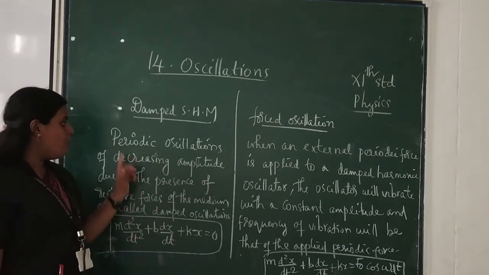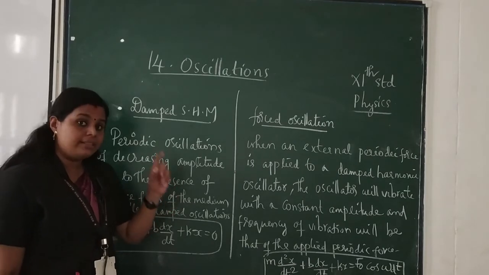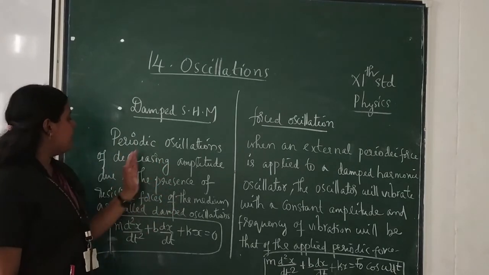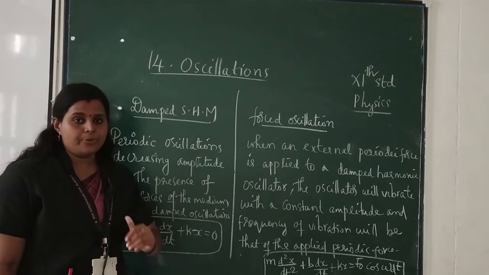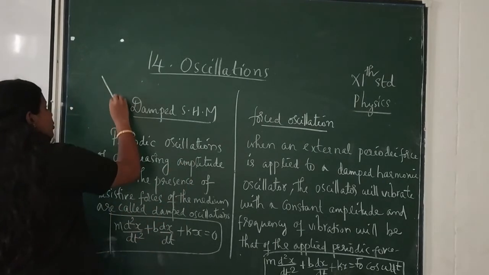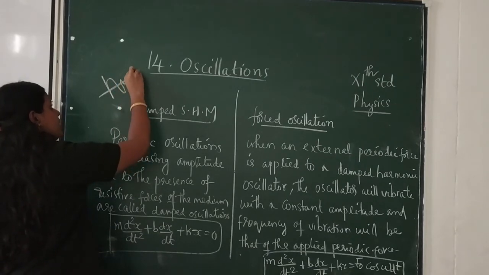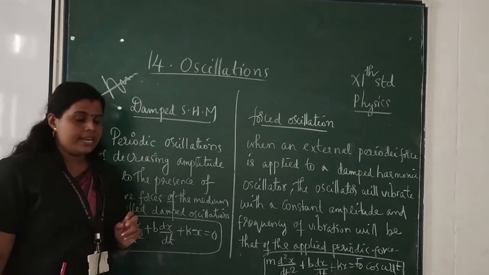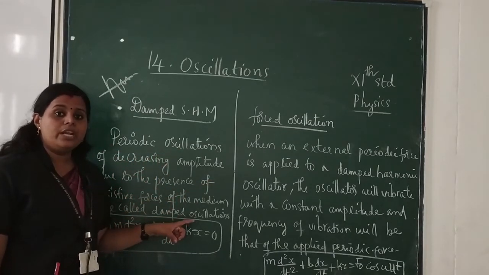Periodic oscillations of decreasing amplitude. അപ്പോൾ ഈ ഡാംപ്ഡ് സിമ്പിൾ ഹാർമോണിക് മോഷന്റെ പ്രത്യേകത എന്താണ്? ഈ ഓസിലേഷന്റെ ആംപ്ലിറ്റ്യൂഡ് ഡിക്രീസിങ് ആയിട്ടാണ് വരുന്നത്. ഡിസ്പ്ലേസ്മെന്റ് ടൈം ഗ്രാഫ് വരയ്ക്കുമ്പോൾ നമുക്ക് ഇങ്ങനെ ഒരു നേച്ചർ ആണ് കാണാൻ പറ്റുന്നത്. ക്ലിയർ? എന്തുകൊണ്ടാണ് ഇങ്ങനെ ആംപ്ലിറ്റ്യൂഡ് ഡിക്രീസ് ചെയ്യുന്നത്?